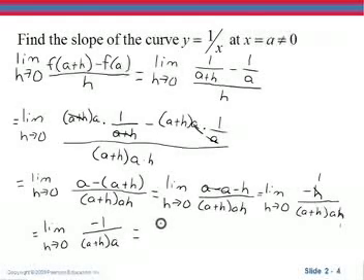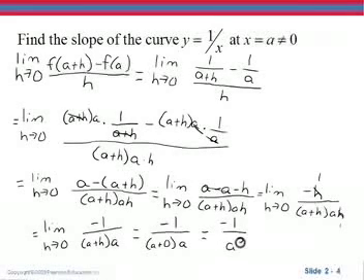So we can plug in our 0, and that will give us negative 1 divided by a plus 0 times a. a plus 0, of course, is a, so we have negative 1 over a times a, or negative 1 over a squared. So the slope of the curve y equals 1 over x at x equals a is negative 1 over a squared. So we can choose any a not equal to 0, and we can plug into this formula to find the slope of the curve at that x value.